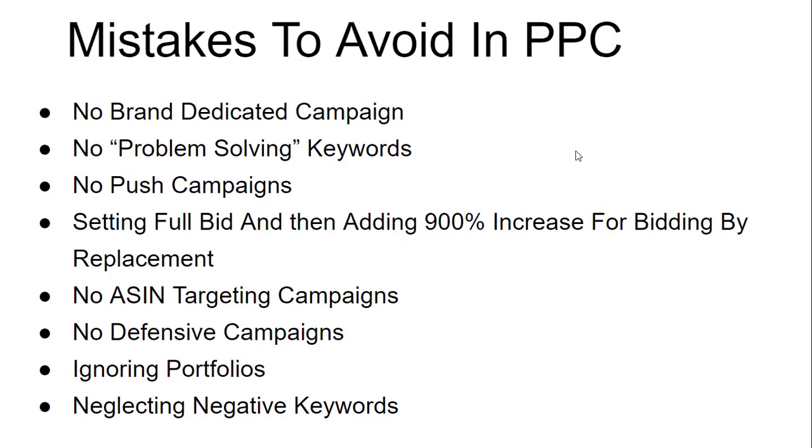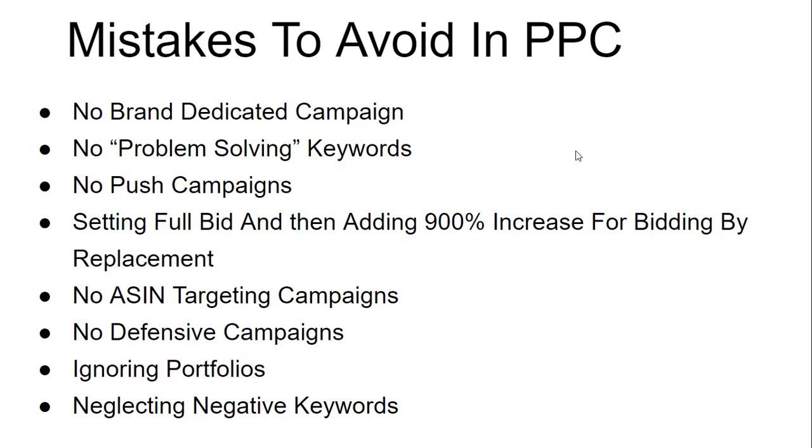Next, we have no defensive campaigns. People make the mistake of not running defensive campaigns in PPC. In defensive campaigns you target your own ASINs. If you don't target your own ASINs, other sellers who are getting more sales and have more ratings will start grabbing your sales as well.